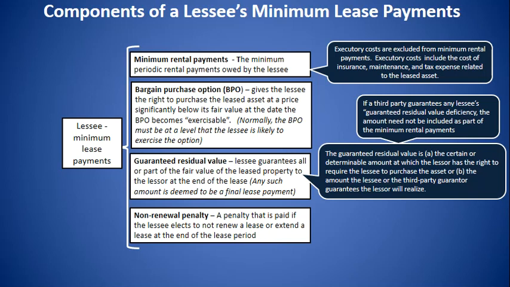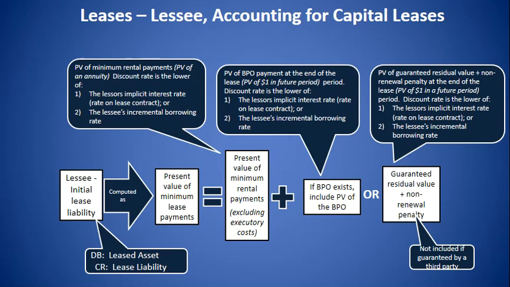Now let's take a look at the theoretical view of how the lessee actually calculates their initial lease liability. So again, when we record our initial lease liability, the debit is going to be to a leased asset, because we're treating this lease as if we're actually purchasing the property. So we have now a leased asset as a part of the purchased property.